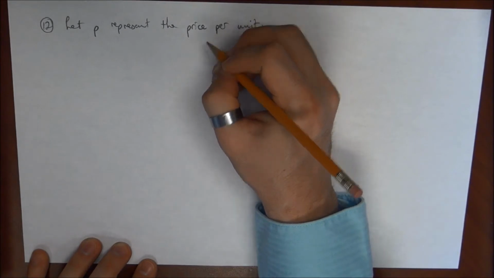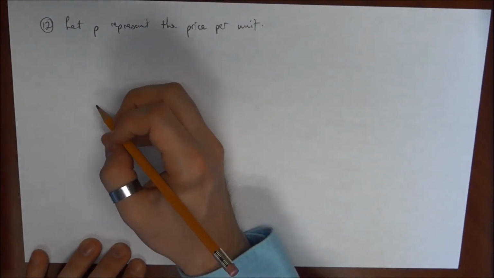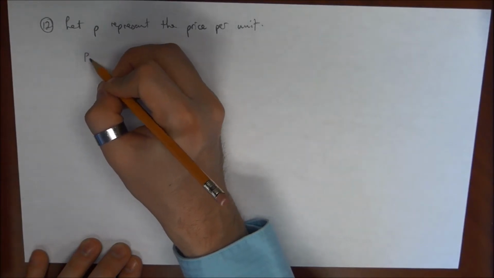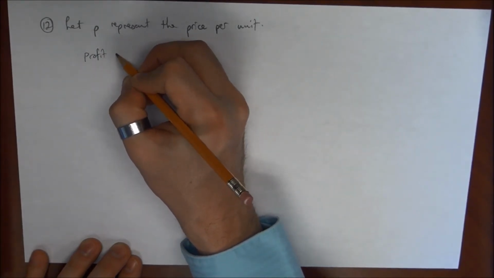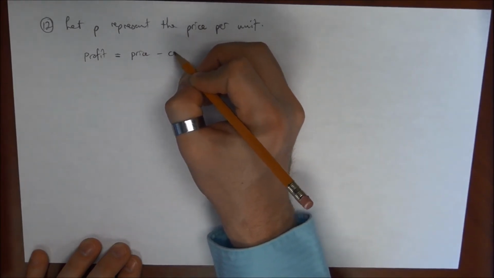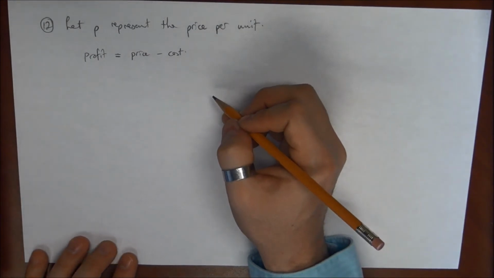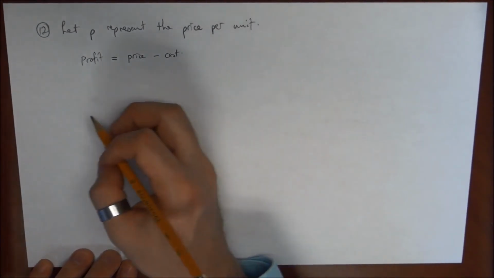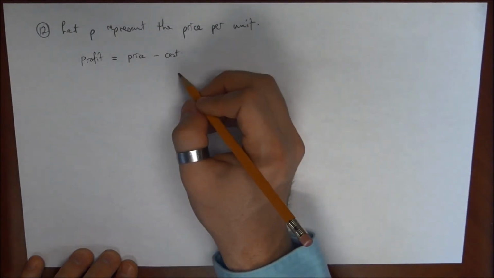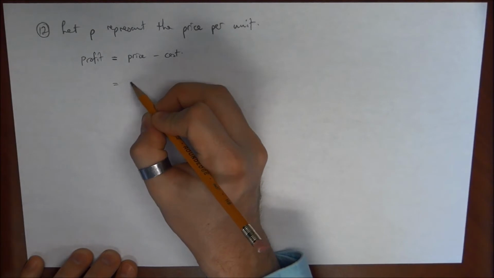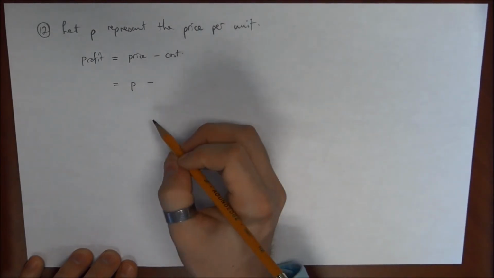Well, I'm only looking at one unit, so I'm looking at profit being my sale price, my price, minus my cost. So I just want to fill in each one of these. So let's do the price first. Price is P, cost.